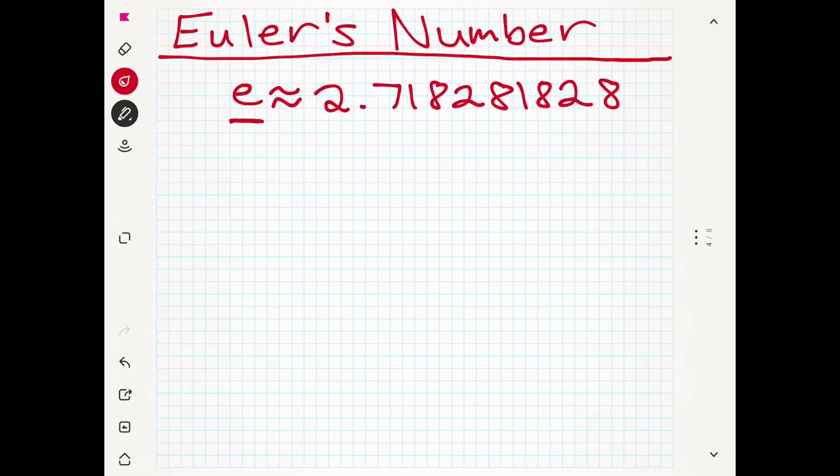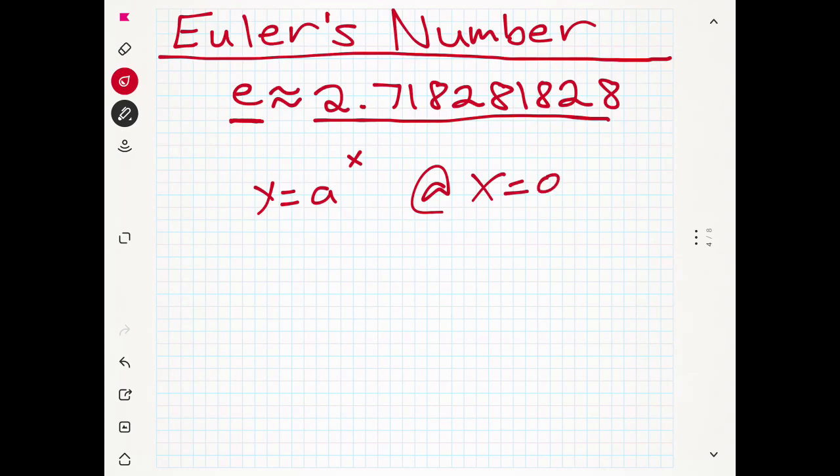This number, which is approximately 2.7182818, is the slope of the tangent line for the graph y = a^x at x = 0. That would give you a slope of 1.